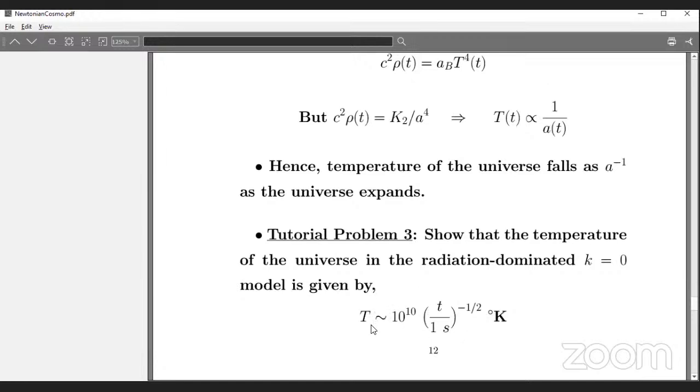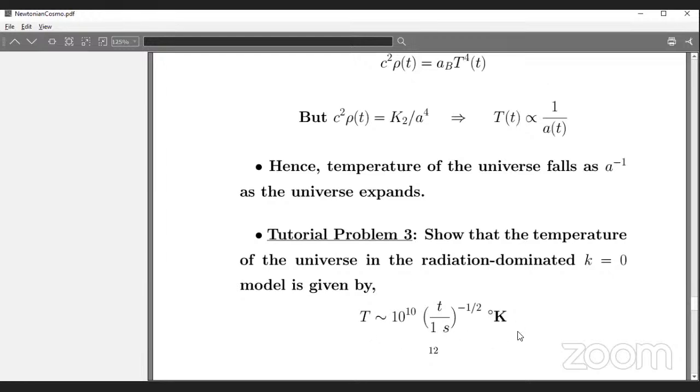The time-temperature relation reads: temperature of the universe is 10 to the power 10 degree Kelvin multiplied by the cosmic time t in units of 1 second, to the power minus half. That is the temperature of the universe at any given time when the universe was radiation dominated.